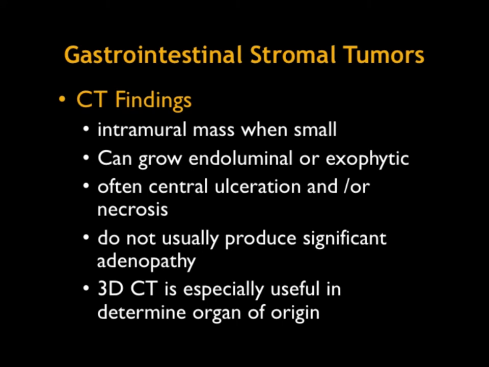When we think about stomach GIST tumors, for example, they're large exophytic masses and occasionally intraluminal. Same thing is probably true with the larger ones in the small bowel. And it's interesting, because they're extraluminal, they don't obstruct bowel. If they were all inside the lumen, they would be obstructing. And 3D is really good for evaluating them.